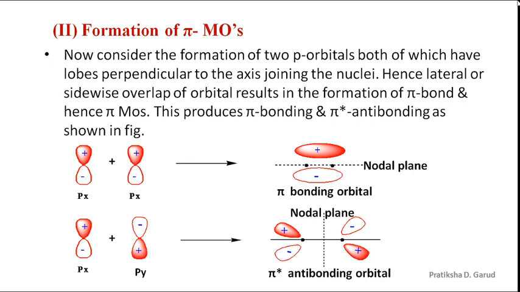This antibonding molecular orbital has the symbol pi asterisk. Okay, so we are having the formation of two molecular orbitals: one is the pi, another is the pi asterisk.